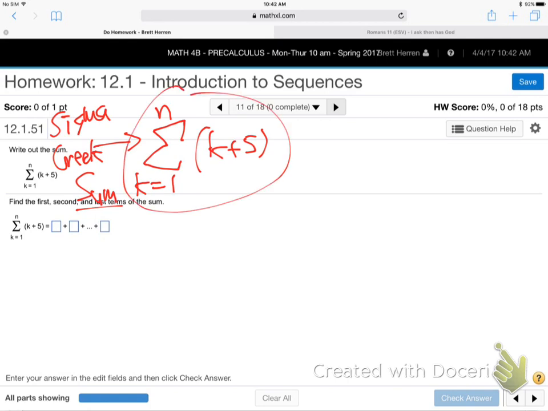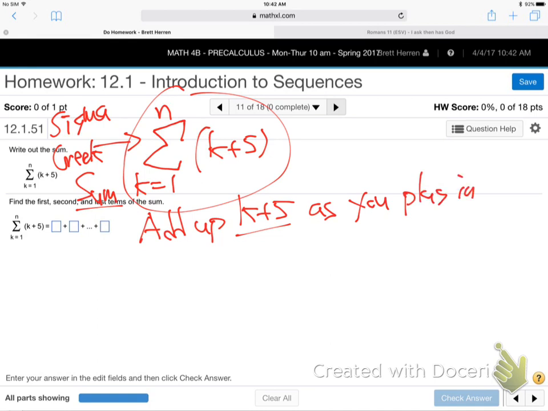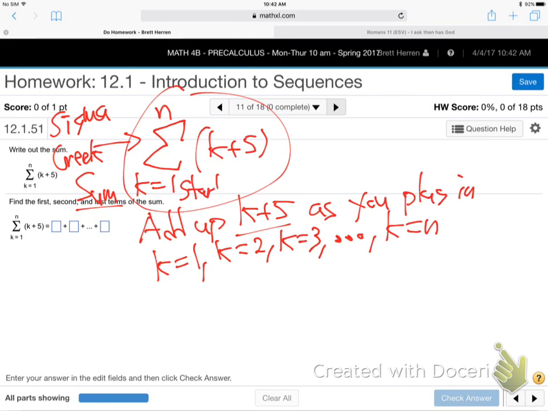What it says is add up the formula k plus 5 as you plug in k equals 1, k equals 2, k equals 3, etc., all the way to the last one, k equals n. This is where you start, and this is where you end. I think we had them one other time, didn't we?